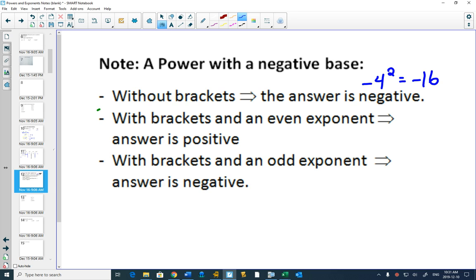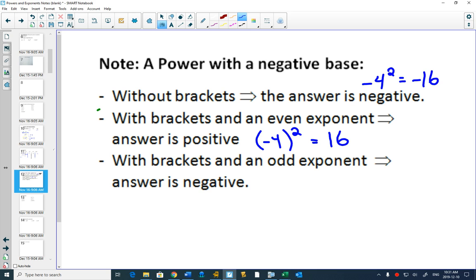The negative isn't even part of the base, it's just out in front. If it is brackets and you have an even exponent, so if I have brackets with that negative 4 and an even exponent of 2, well, a negative times a negative is positive. That would be positive 16.